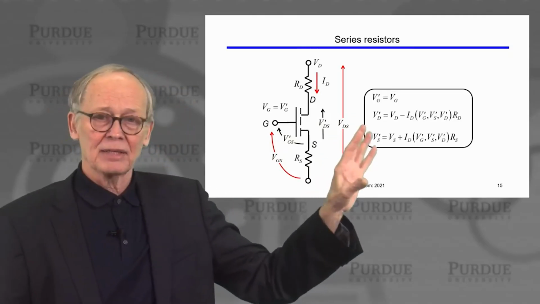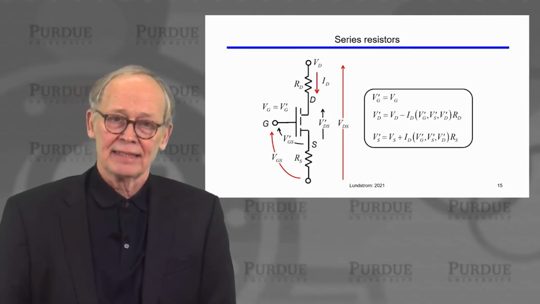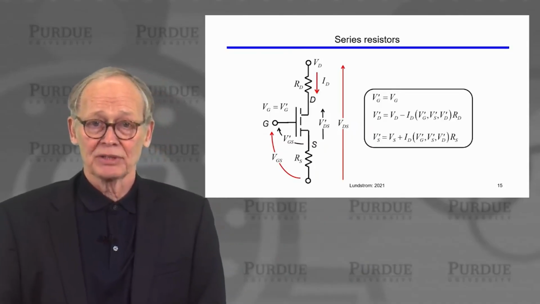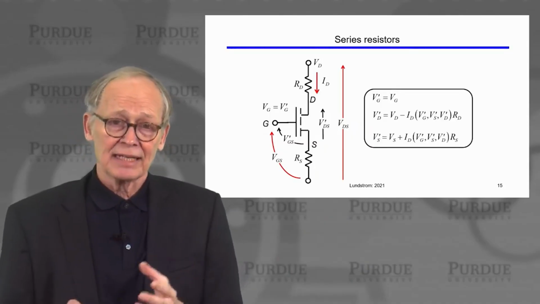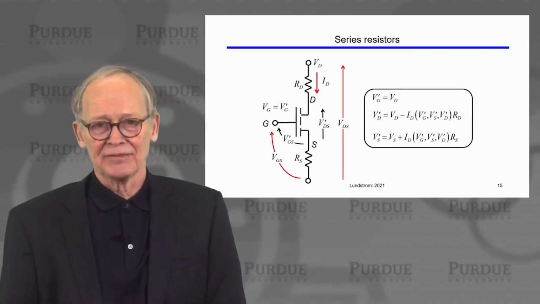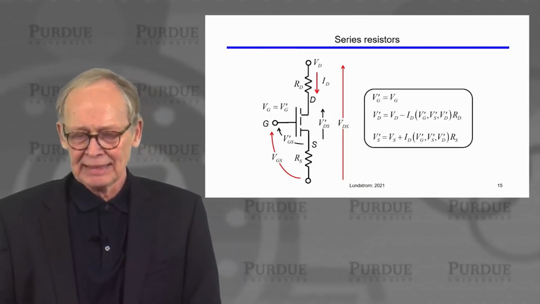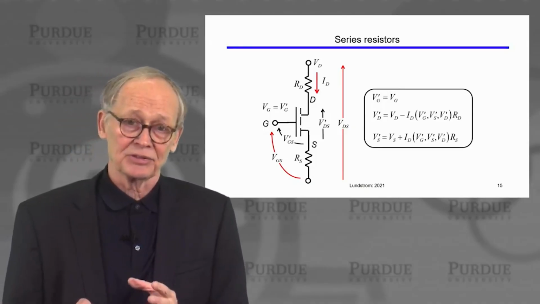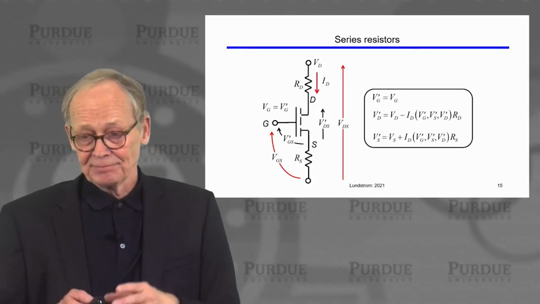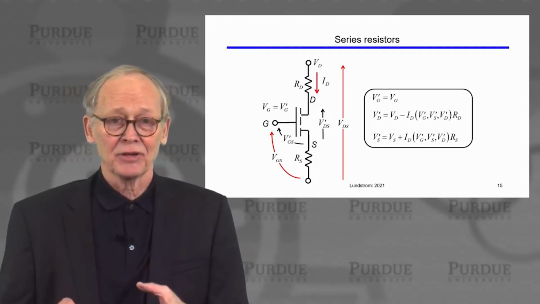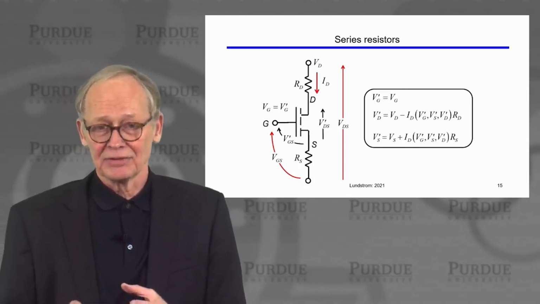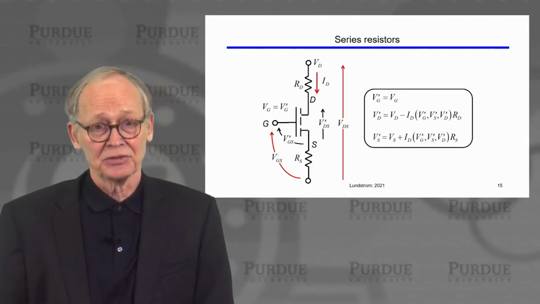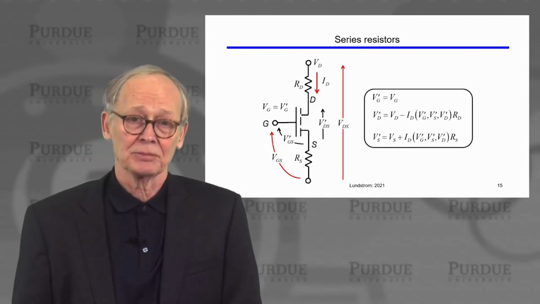So we talked a little bit about what that does. It lowers the drain to source voltage and the gate to source voltage. And in order to account for the measured IV characteristics and understand them, we need to account for these series resistances. Semiconductor technologists who develop new technologies spend a lot of time trying to minimize these resistances and make them as small as they possibly can.